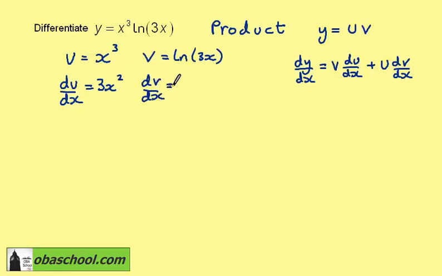We differentiate the outside function, treating the inside function as just x, so we get 1 over 3x, and then multiply by the differential of the inside function. The 3's cancel, giving us 1 over x.